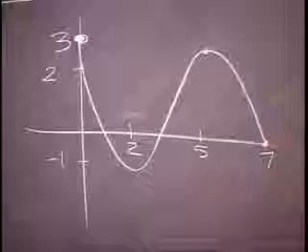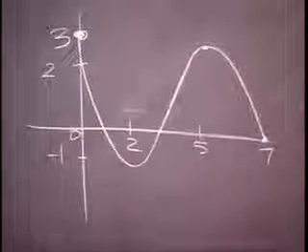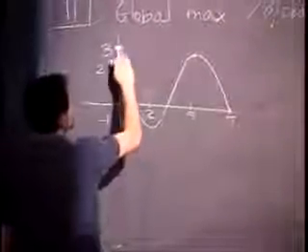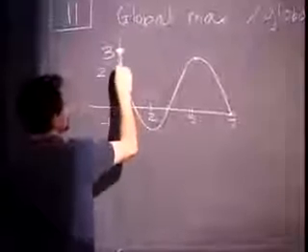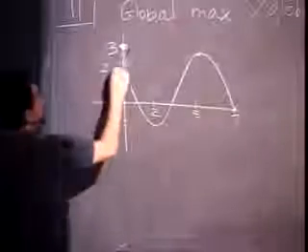Okay, so the function's domain is 0 to 7 inclusive. Question is, and this is not supposed to go through the axis until... Okay, good. It has a y-intercept at 3.